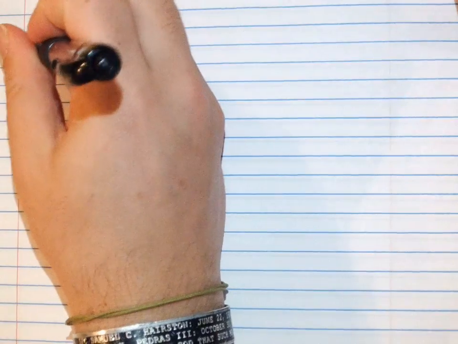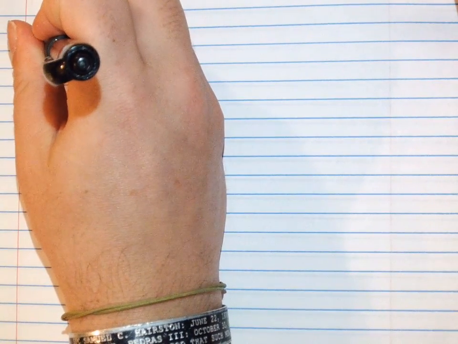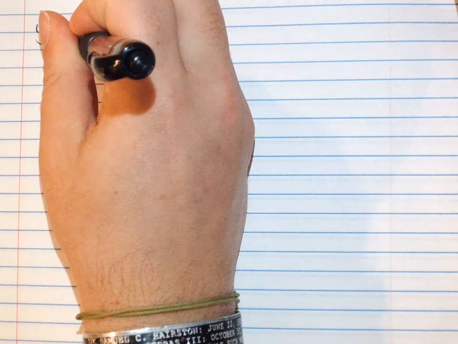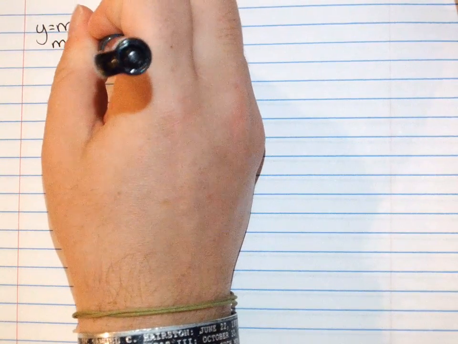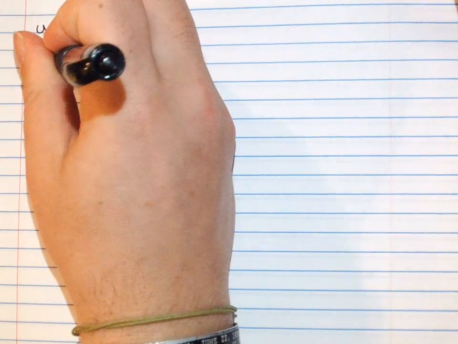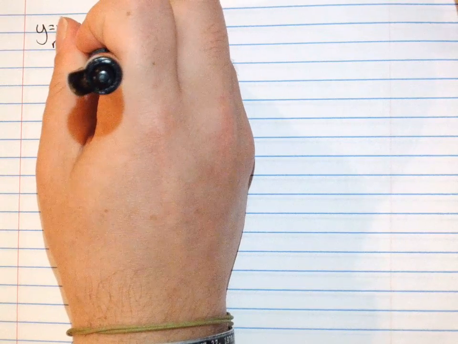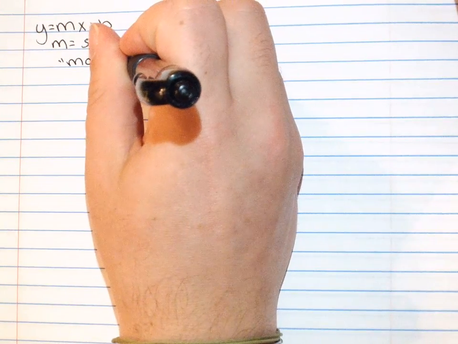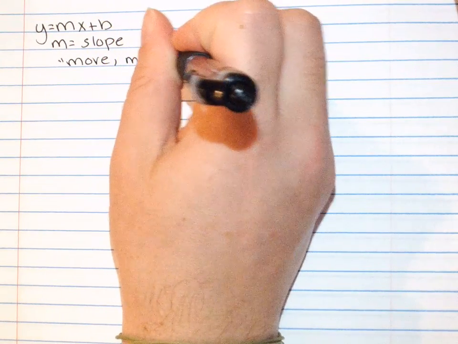Today we're going to focus on writing an equation from a slope and 1 point. So what we need to recognize is that this is the format of our linear equation. So we have an m, which is our slope, and I like to think m for move or mountain because we're climbing.